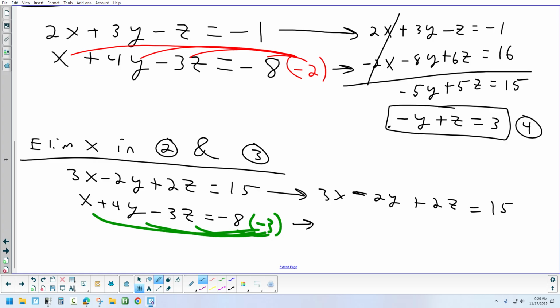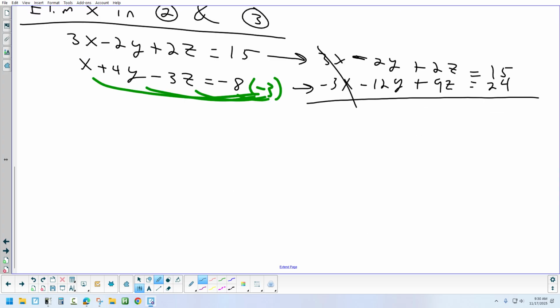Negative 3x minus 12y plus 9z equals -24. And what goes on this side? Positive 24. Okay, so x's are going to cancel. What about when we add up the y's? Yep, negative 14y.